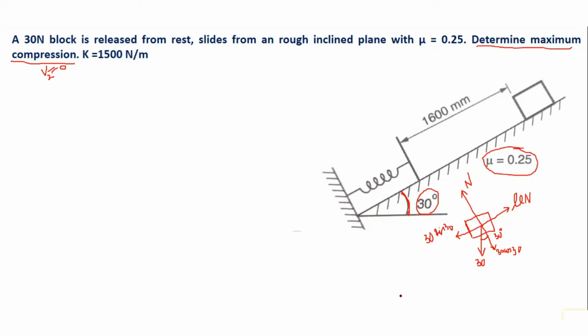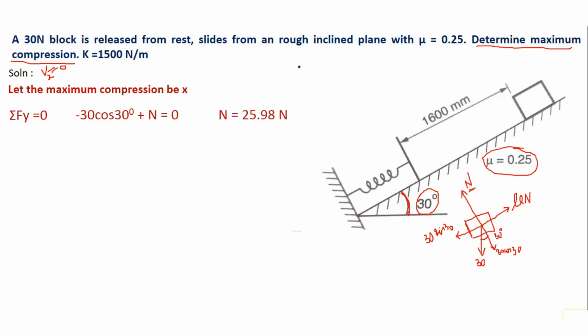Now I need the value of N, so applying the condition of equilibrium in the y direction, I get minus 30 cos 30 plus N is equal to 0, and I get the value of N as 25.98 Newtons. This completes our first step.